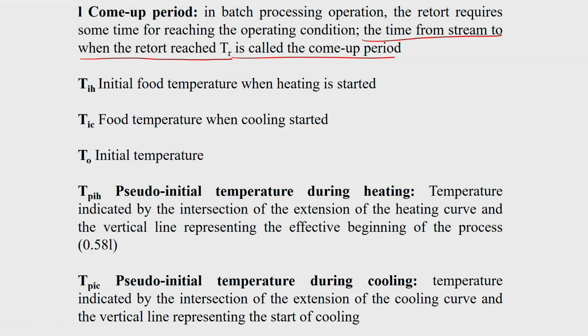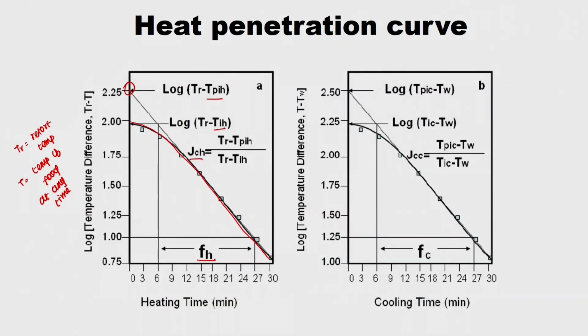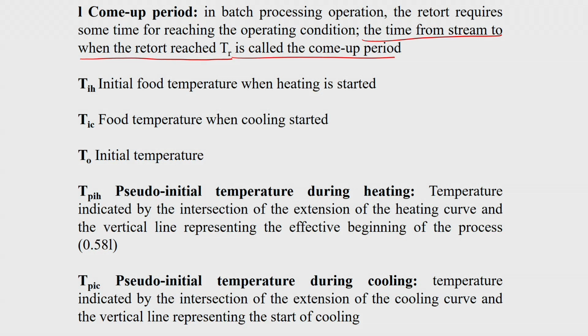And food temperature when cooling is started. So, this is a comparable diagram, heating as well as cooling. Here it is TIC. TW here is the cooling water temperature. Right, initial temperature is T0, initially food is at initial temperature, and then there is pseudo initial temperature during heating.